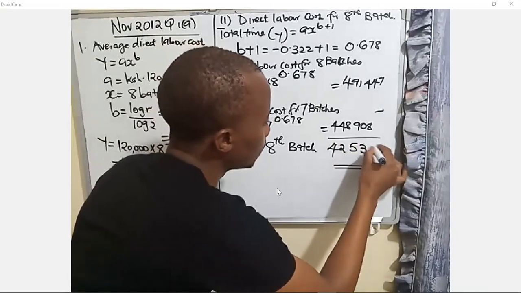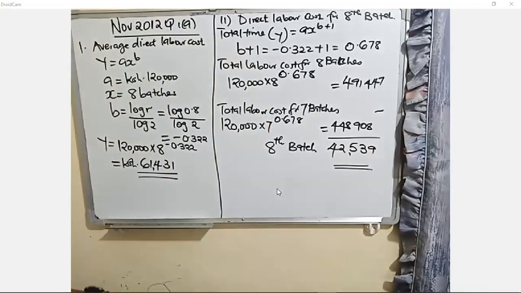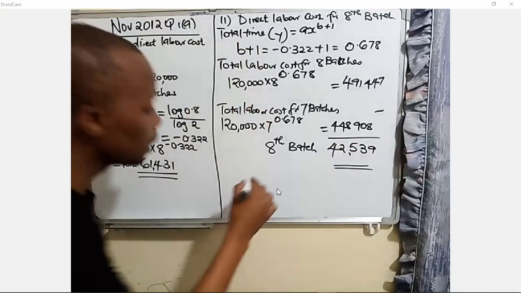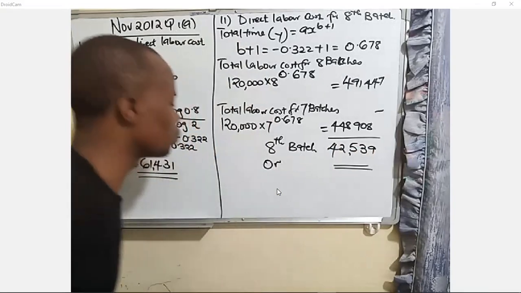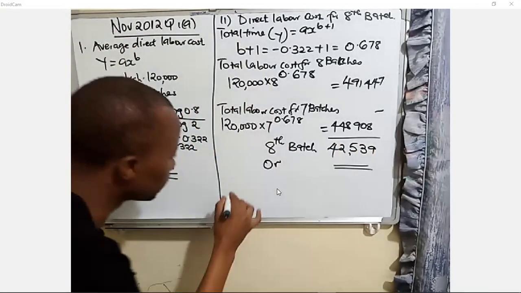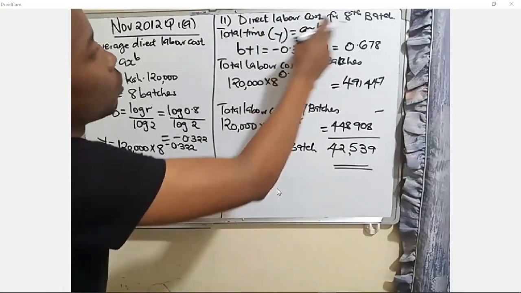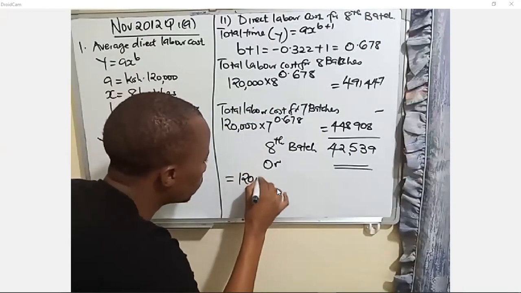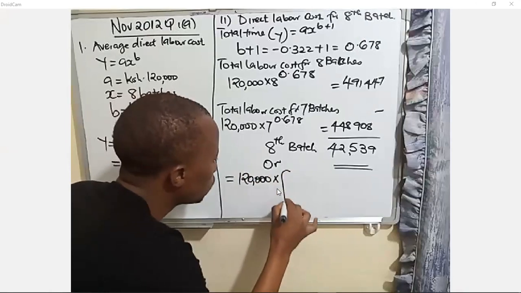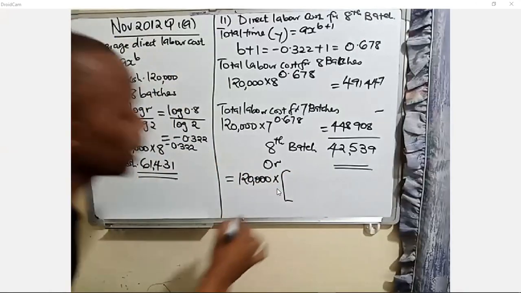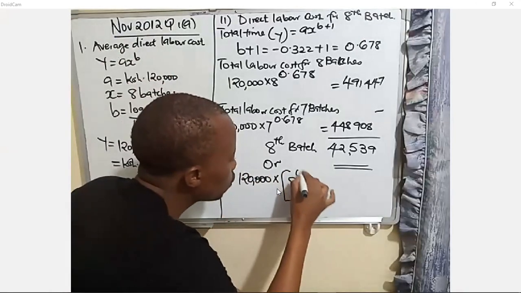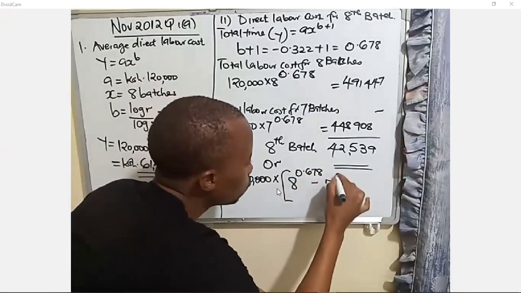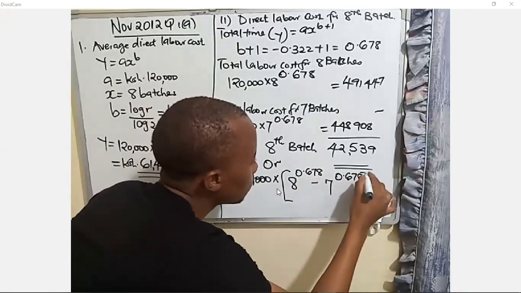I find this is a lot of work. So, if for example I was approaching this question, because I need the direct labor cost for the 8th batch, I would just say, let me take 120,000 times, you open the bracket, you take 8 raised to 0.678 minus 7 raised to 0.678.